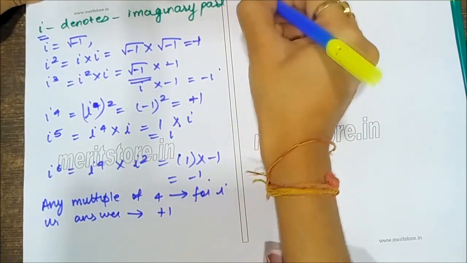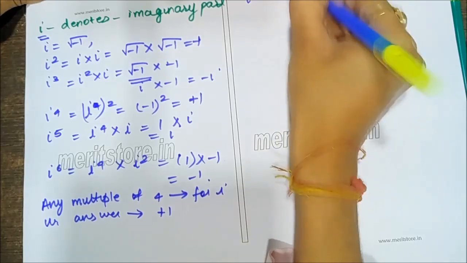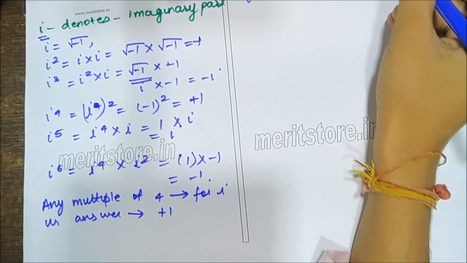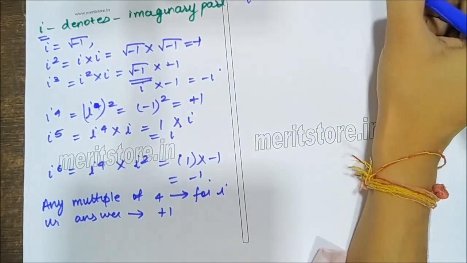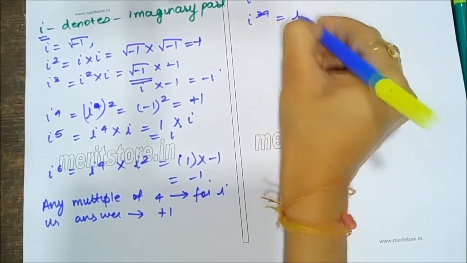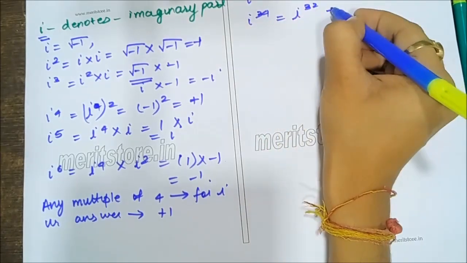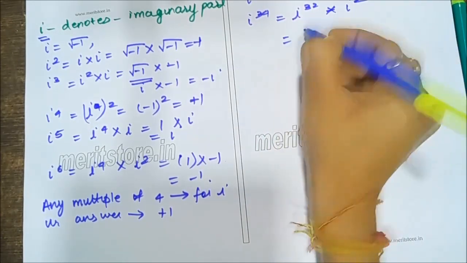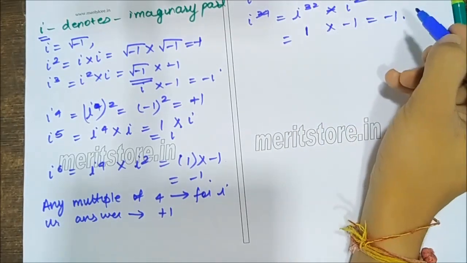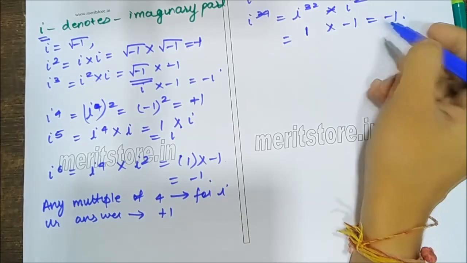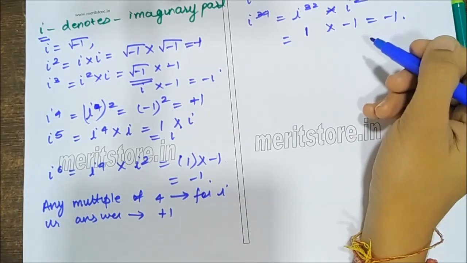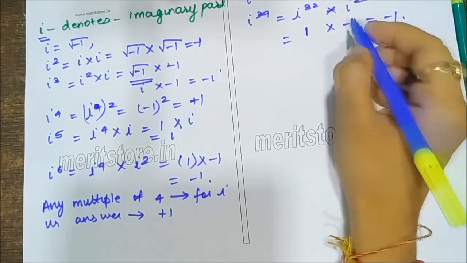So let's say i raised to 28, you will write i raised to 4 raised to 7, so positive 1 raised to n. Any power for a positive number will always be positive. Say i raised to 34, here you will split as i raised to 32 into i square. You have the value we found right now, that is minus 1. So this is a little bit of concepts for i and how we will get the values. In future when we solve the sums, this will help us out.